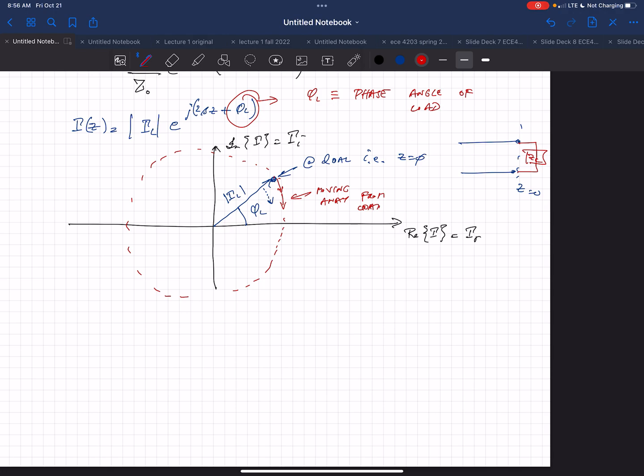So again, if you had some distance d away from the load, you would end up with a phase angle of phi sub L minus 2 beta d as your total phase.